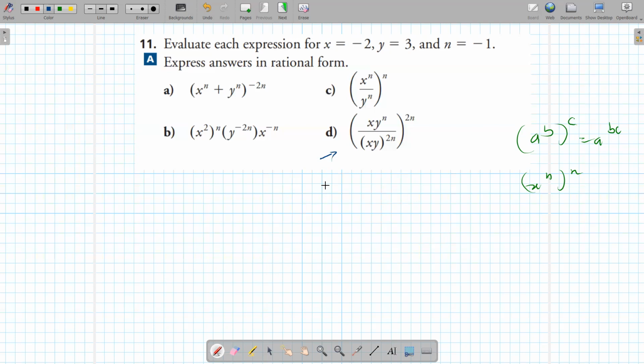You see this bracket in the denominator? Do you open it? That's going to be the best thing to do. We're going to open that. If you open that bracket, what do you get? Forget about the 2n on the outside. We're going to clean from inside to outside, and we're going to do this every single time. If you open that bracket on the bottom, what do you get?